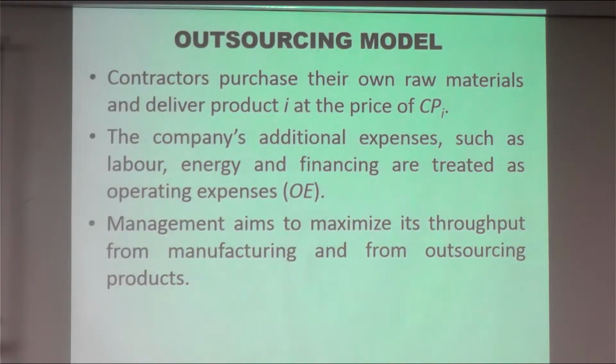If I do not have that capacity, but if I would have produced this in my factory, it costs me 7 rupees. But the contractor price for this is say 8 rupees. So it is better if I produce it at 7 rupees and sell at 10 rupees. But I do not have capacity, so I may get it at 8 rupees and sell it at 10 rupees. So CPi is the contractor price for product i.